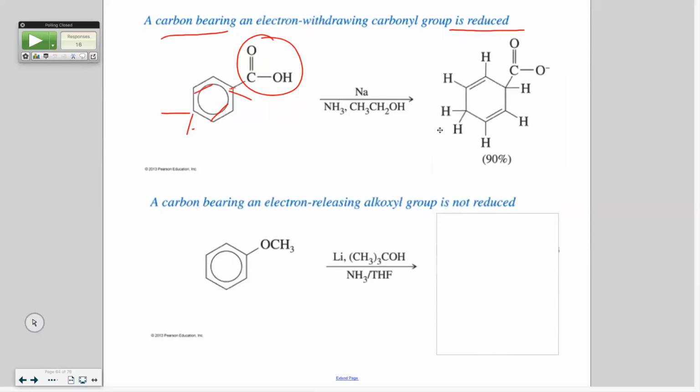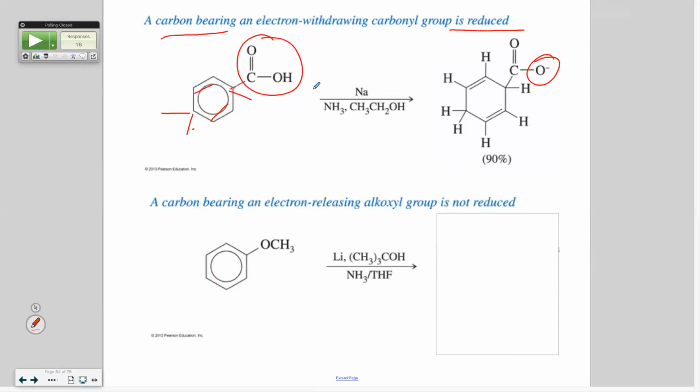That making sense? You'll notice up here they have this CO2 minus. That's because it's in a basic solution. Ammonia is a base, remember? And so it will be the anion until you go to the trouble of acidifying it and making it into carboxylic acid.